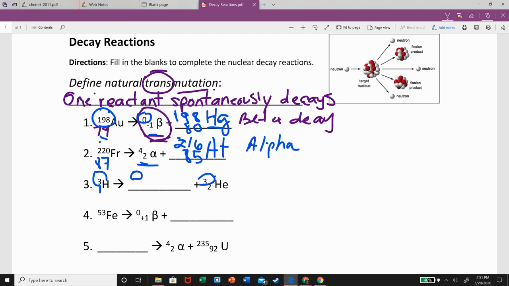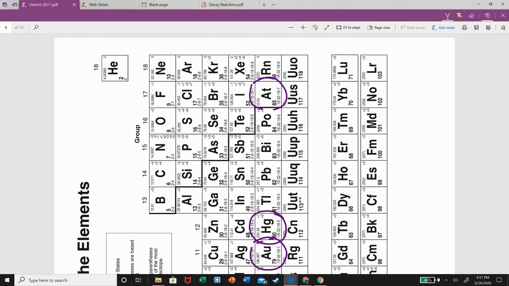So now the bottom numbers, I have a 1 and I have a 2. So what number plus 1 will equal 2? Yes, a negative 1. So now all I have to do is figure out what has a top number of 0 and a minus 1 at the bottom. So this is not going to be an element in this case. So I'm not looking at the periodic table.